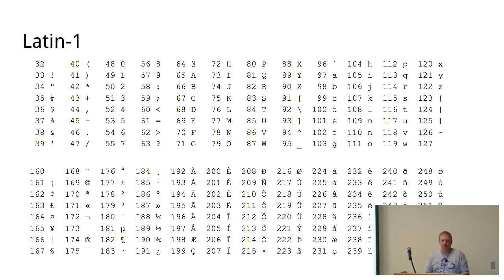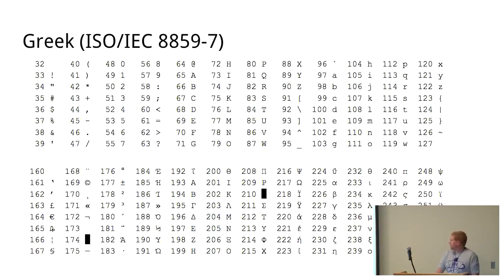So beyond ASCII, there's an encoding called Latin 1 that adds a lot of accented characters, some more currency symbols, a few other characters that are useful in representing Western European languages. There's another encoding, Latin 2, with some different accented characters. Some are the same.